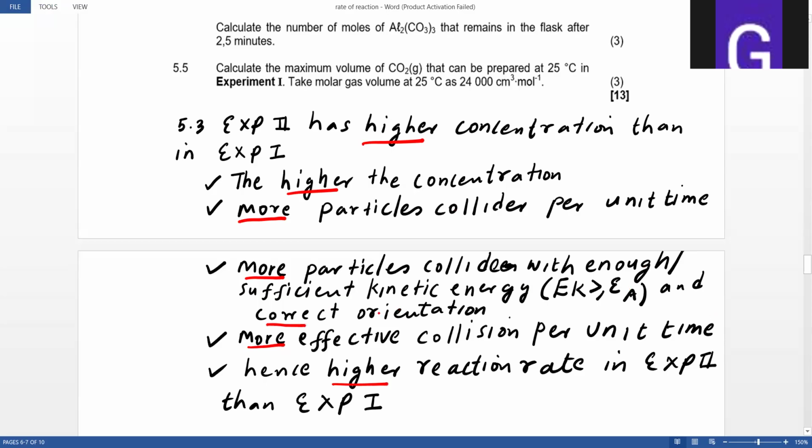As a result, there are fewer effective collisions per unit time, hence a lower reaction rate in experiment 1 than in experiment 2.